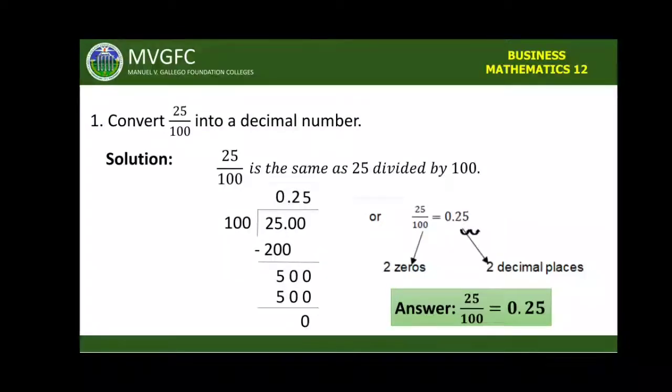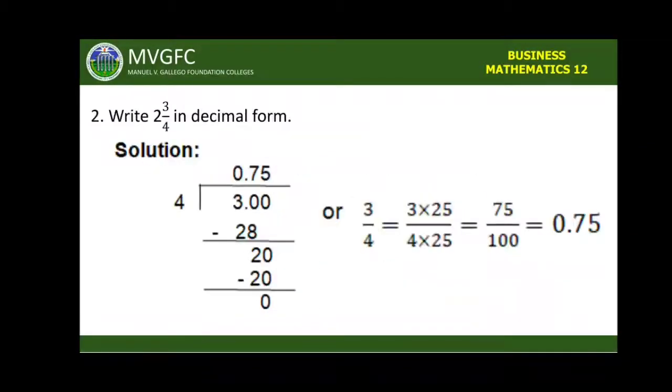So we simply write 25, then 2 decimal places since we have 2 zeros. So that would be 0.25 or 25 hundredths. Okay? So our answer is that 25 over 100 is simply equal to 0.25 or 25 hundredths.